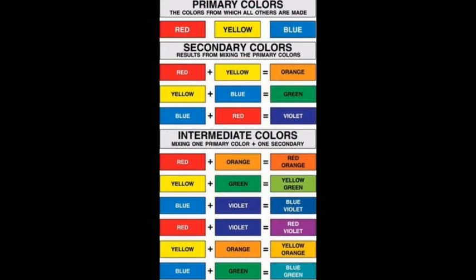We were made to know then what makes up the primary colors and also the secondary colors, and also the intermediate colors. As you can see on your screen, the primary colors are the natural colors that we have, from which other colors are formed.